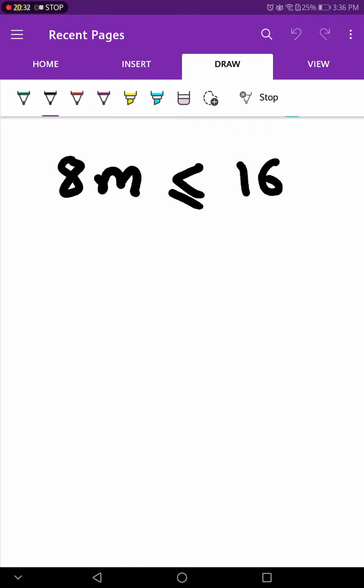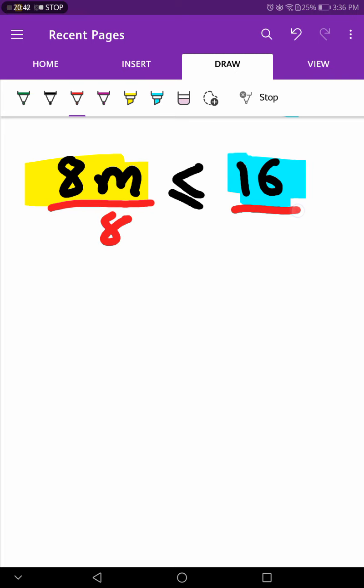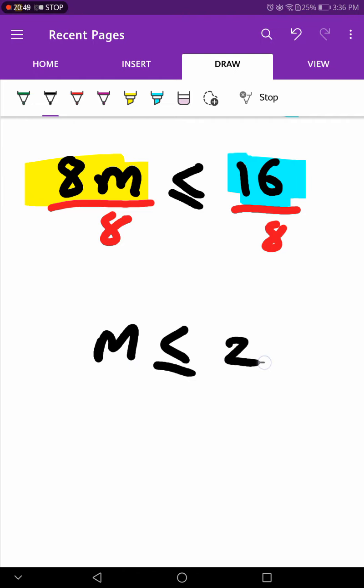Because what does it mean? The coefficient is 8, so you will divide by 8 on the left side and the right side. So divide by the coefficient to make the m alone. This is my goal. Yes, 2. Now what is the solution for this inequality? Read it.